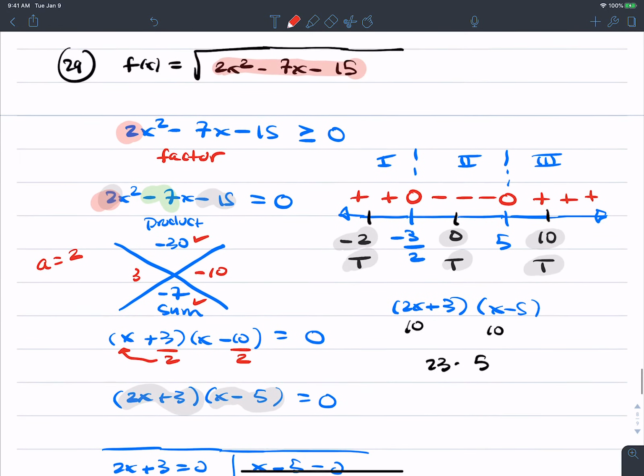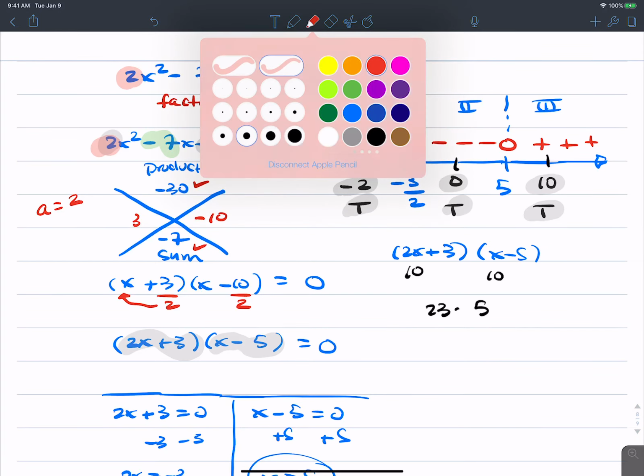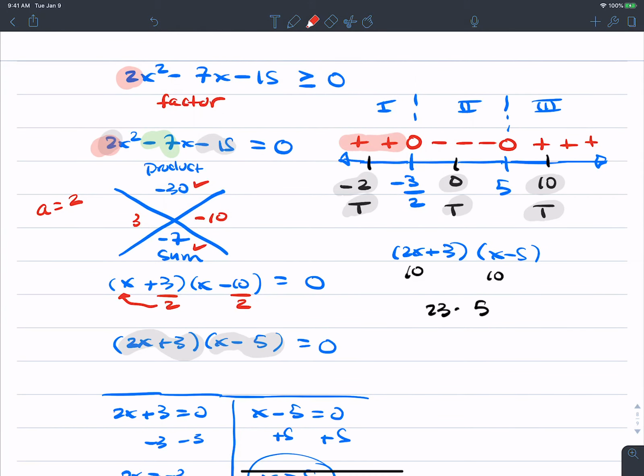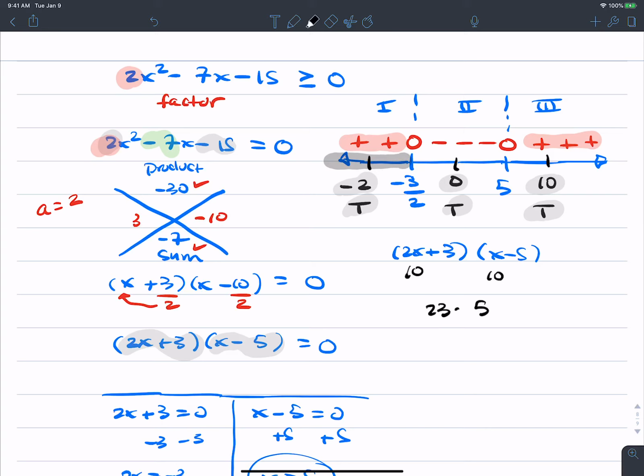We want to know where this is greater than or equal to 0. It's greater than 0 in region 1 and region 3. So we're going to shade numbers to the left of negative 3 halves. We're going to shade numbers to the right of 5. We're going to include negative 3 halves because that's where it equals 0. We're going to include positive 5 because that's where it equals 0, because we want to know where this is greater than or equal to 0.